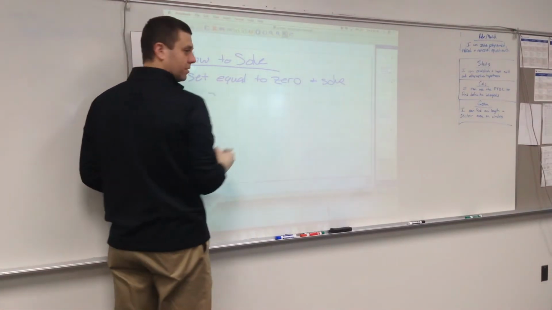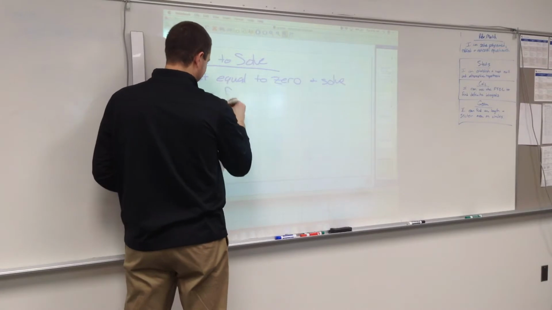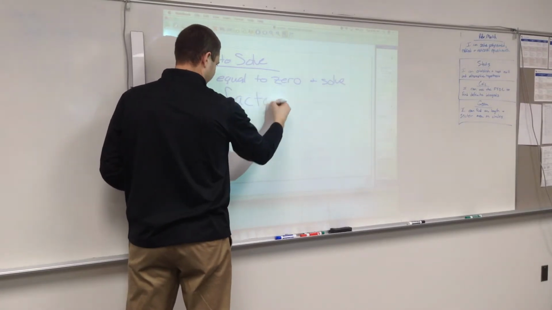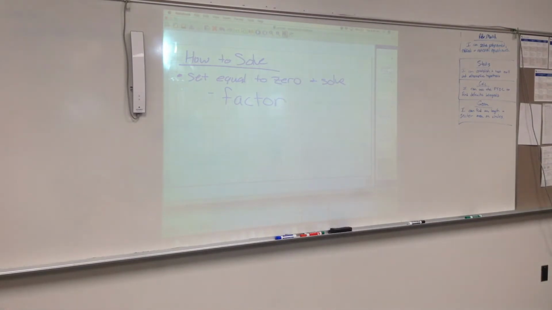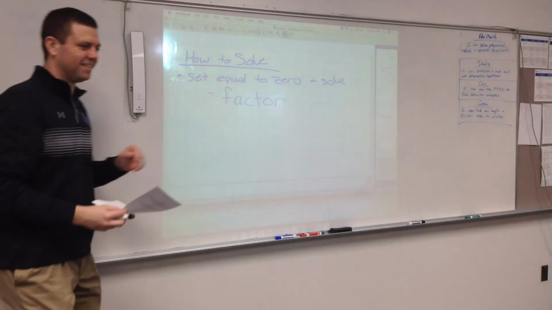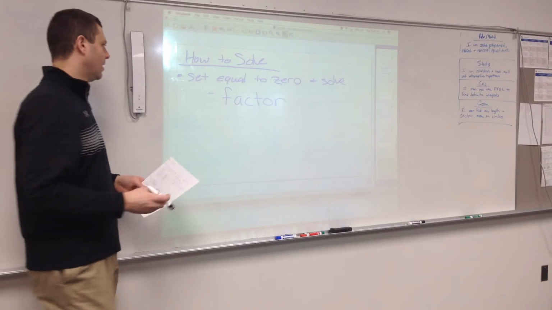Well, lots of ways. Hopefully, and you'll love this one, hopefully you can factor them, because it's a lot better than all the other ways. Hopefully you can factor them.